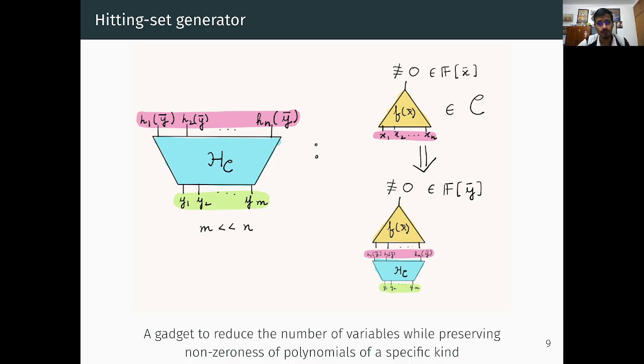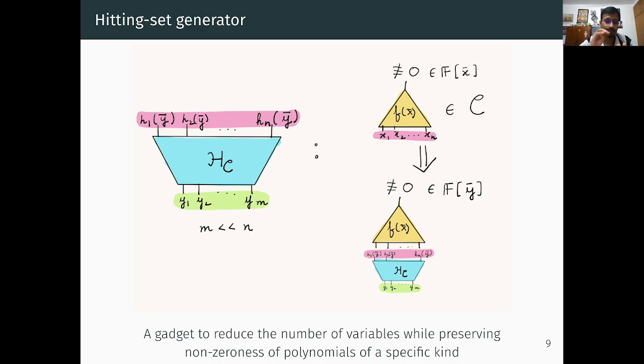A different way of formalizing deterministic PIT algorithms is via a hitting set generator, which is essentially a gadget to reduce the number of variables while preserving the non-zeroness of polynomials in the class that you care about.